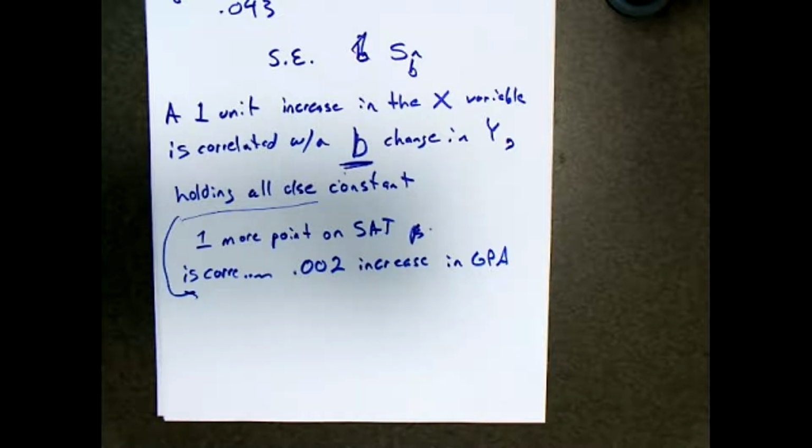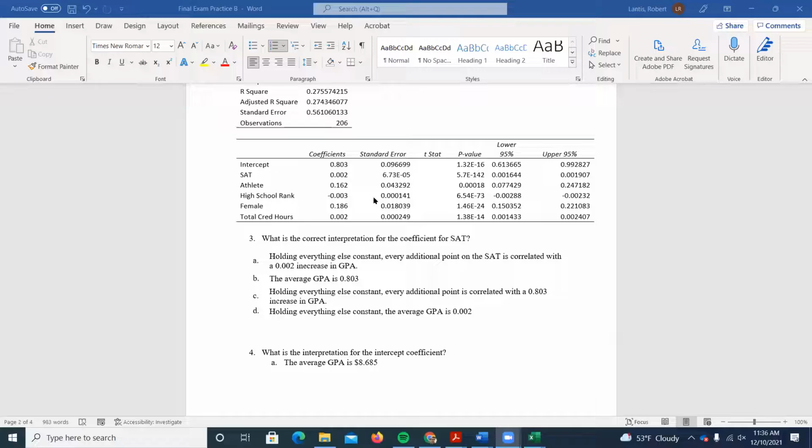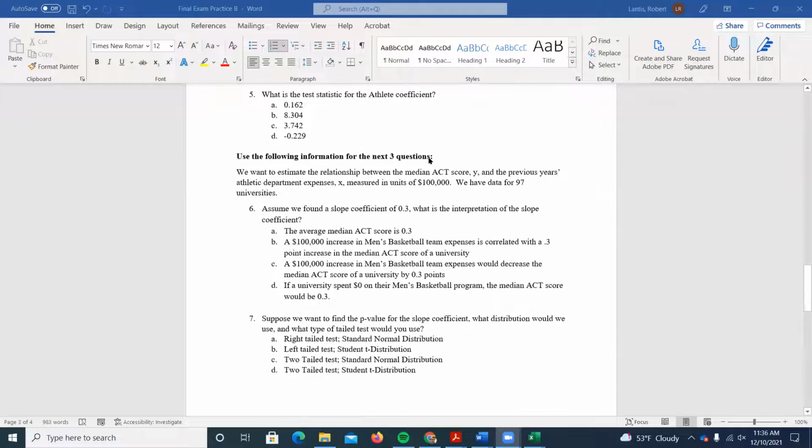All right, so the next set of questions. I would probably be a little bit friendlier on the exam than I was in this practice exam. But let's say you want to look at the relationship between median ACT scores and the previous year's athletic department expenses.